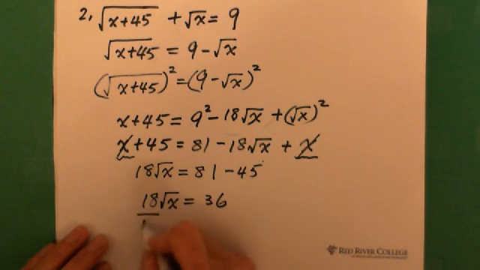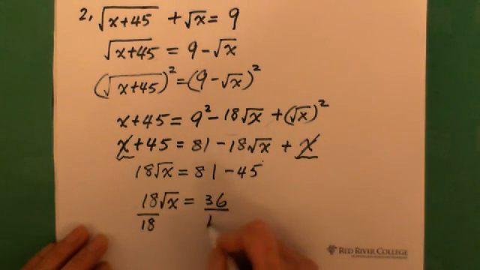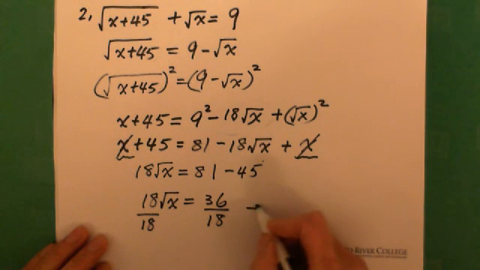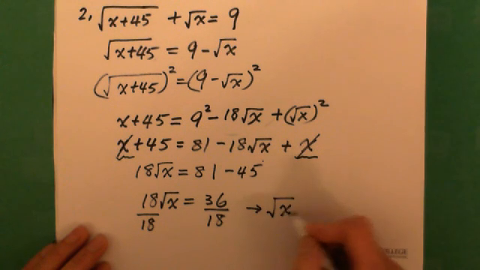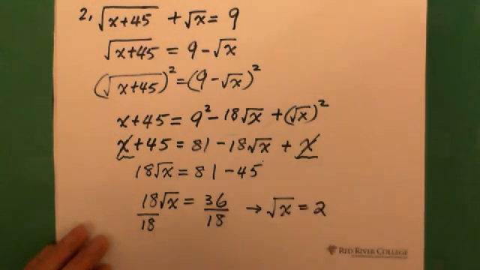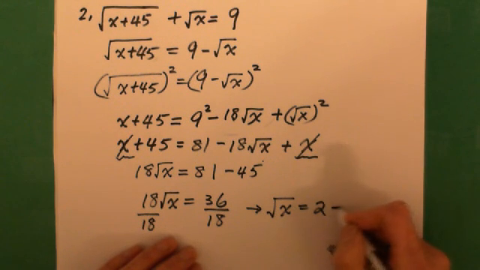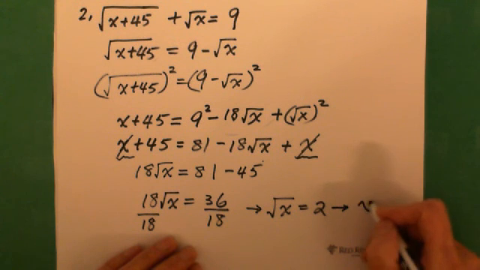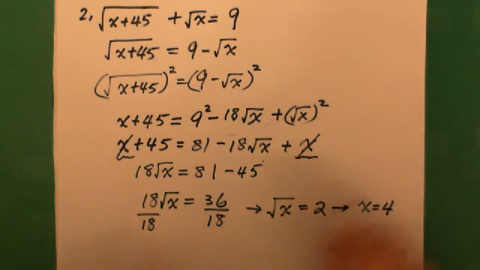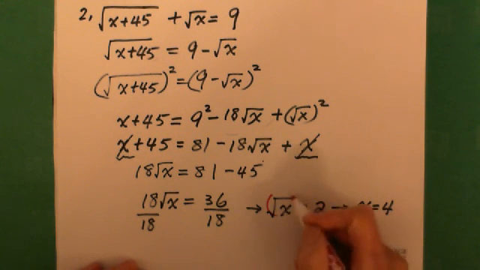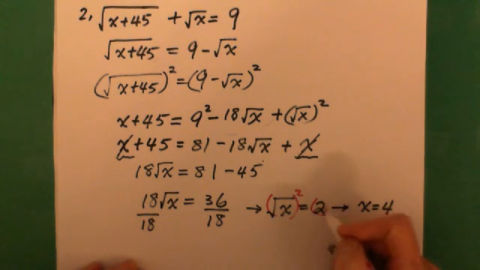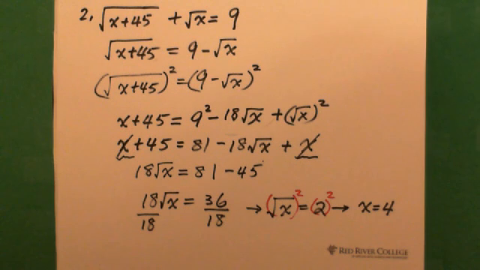Then divide by 18 on both sides. We get square root x equals 2. Then we square both sides again. We got x equals 4, right?